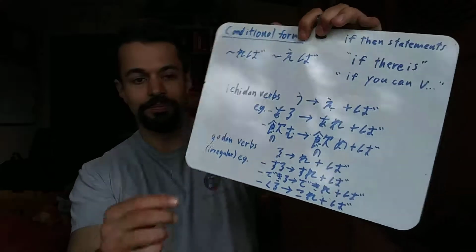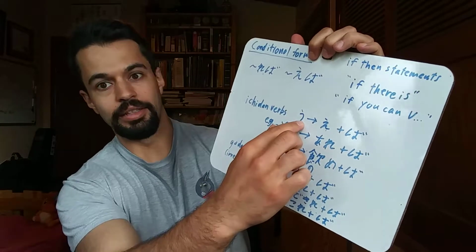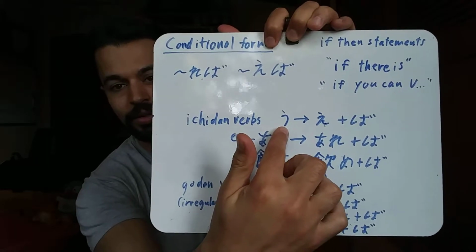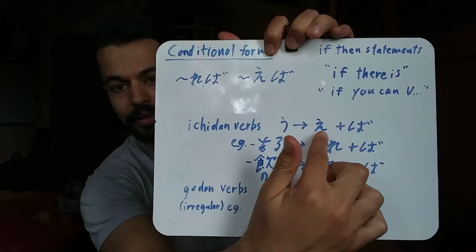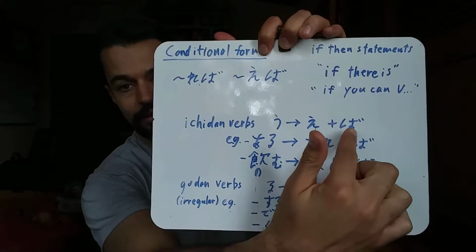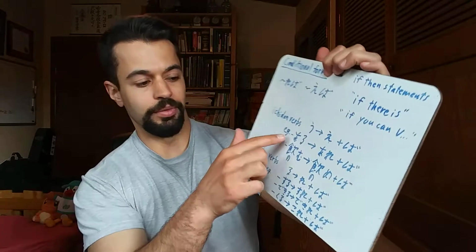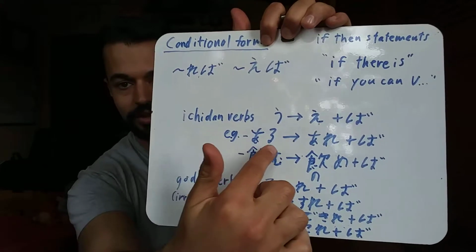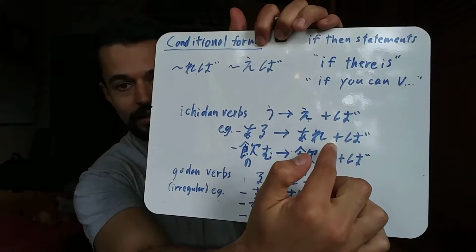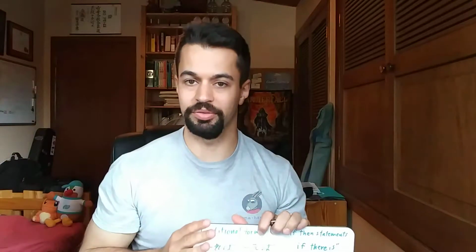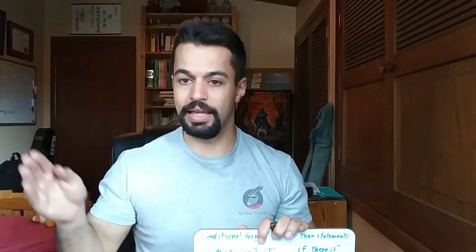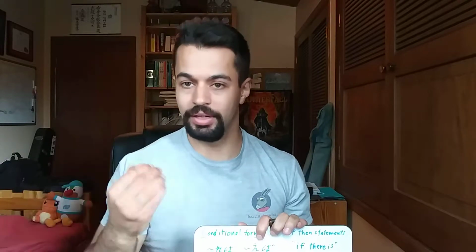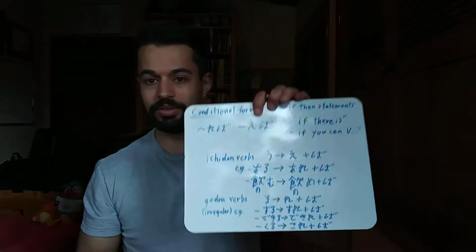And so that one, when you make it from the basic jisho form, dictionary form, it ends with u, which would then change to e, and then you put ba on the end. So for example, aru, to exist or to have, becomes are, and then you put ba. Just like our example from the book. 十分にあれば, if there is enough, then something else happens.